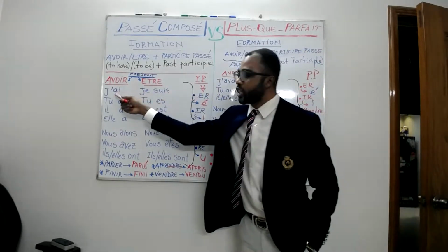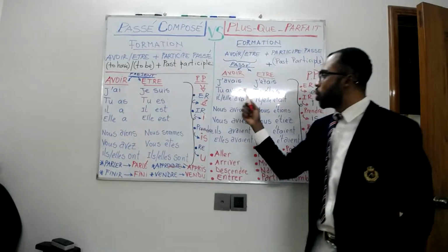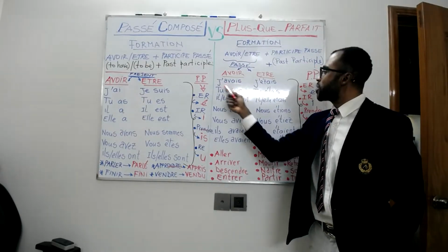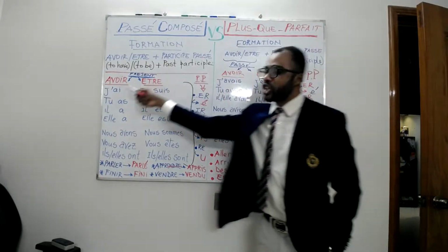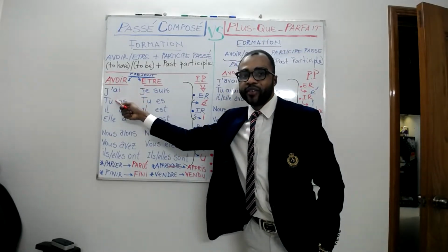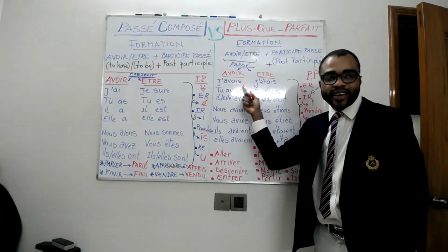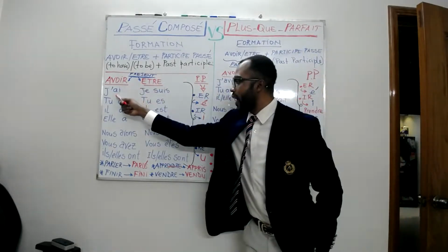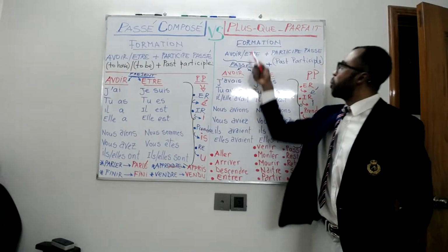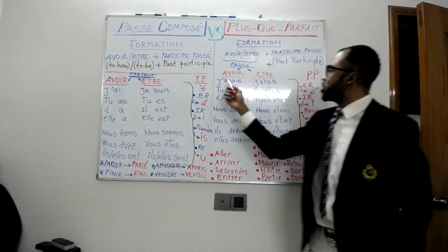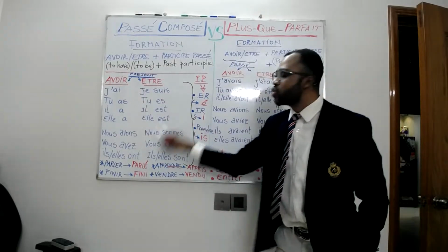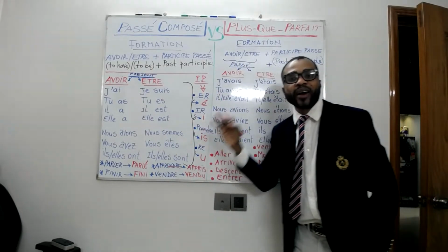So now j'ai will change into j'avais, because this is the past of j'ai. All right? So I have, the past is I had. In French, j'ai, the past is j'avais. So in the plus-que-parfait we use j'avais instead of j'ai, and we have to use the same past participle.